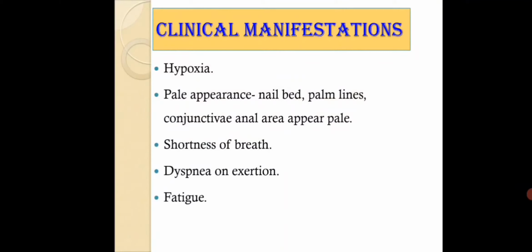Then shortness of breath, because when the patient is walking or climbing steps there is insufficient hemoglobin and decreased oxygen level. The body tries to compensate for the low oxygen, so the patient will have shortness of breath, dyspnea on exertion, and fatigue, again because of low oxygen level.